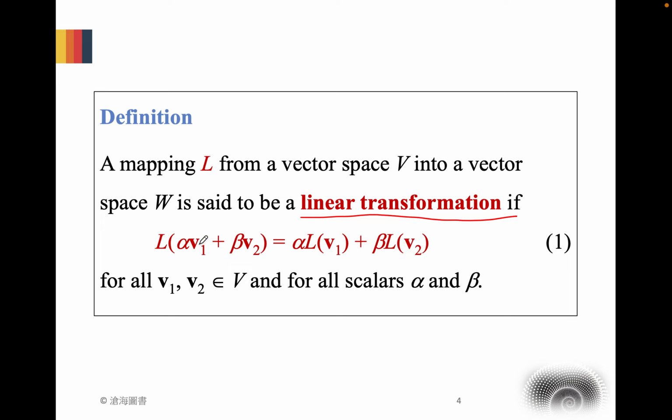That means if we do linear combination first and then do this mapping, the result is equal to we do the mapping first and then work on the linear combination. If the results of these two sequences are the same, we say the mapping L is a linear transformation.